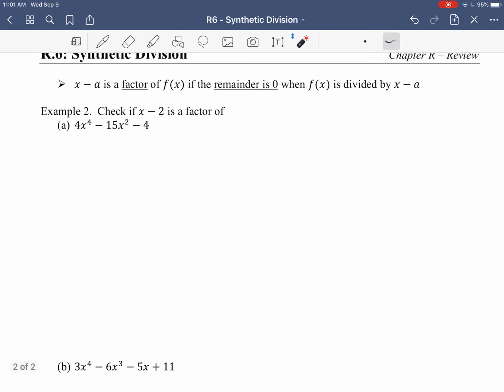So for each of these, we're checking if x minus 2 is a factor. There are many ways to do this. You could use long division, and then you would know exactly how it factors.